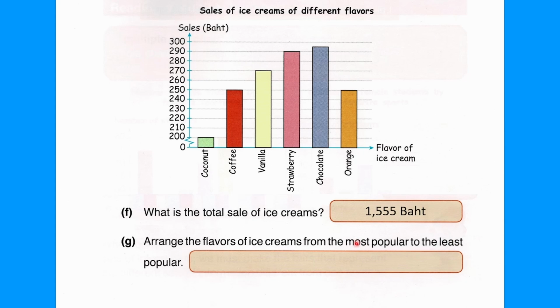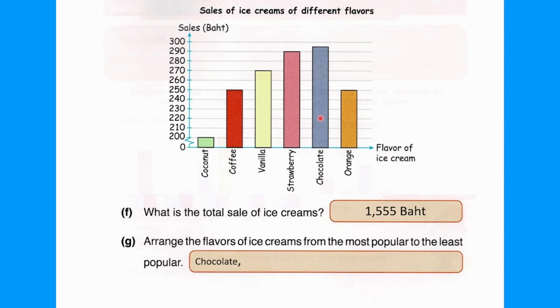So most is highest to lowest. So the most popular was the most sales of 295 chocolate. So the first one will be chocolate.